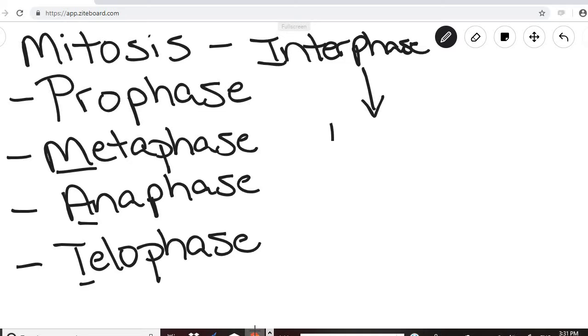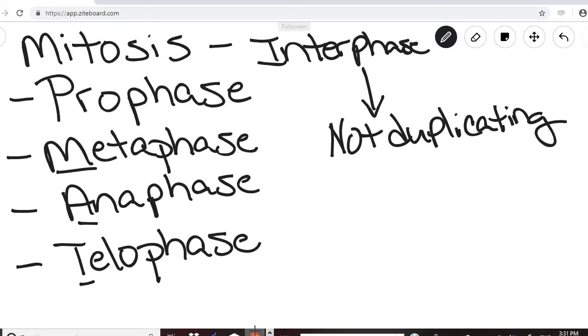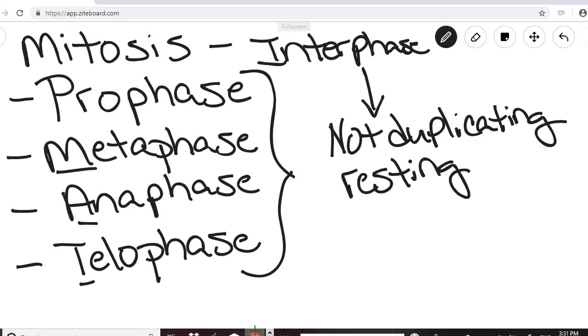In interphase, it's not duplicating. You might think of it as the resting phase. That doesn't mean the cell's not doing anything, but it's not being duplicated. Interphase is the cell just carrying on its normal functions. Then when the cell starts to duplicate itself, it will go through these 4 phases in order.